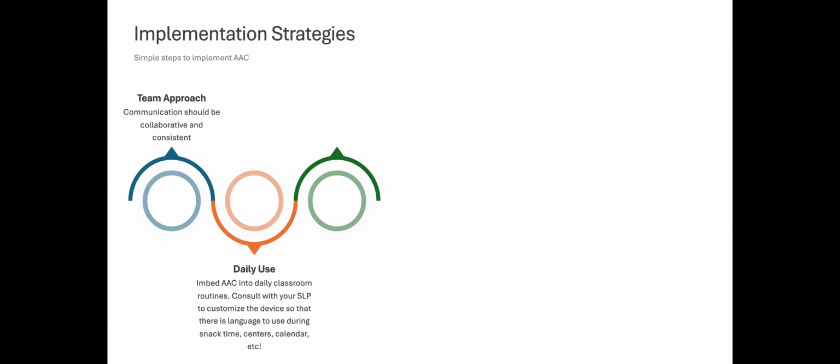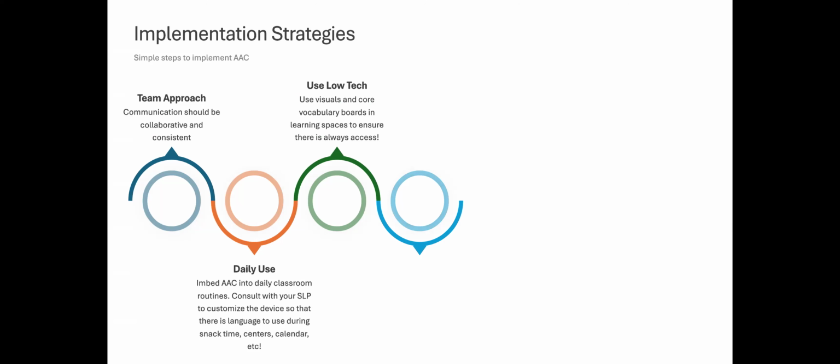Consult with your SLP to help customize the student's vocabulary so that they have some vocabulary that's not only important for them and their preferred activities, but also that's important for the classroom language and the academic curriculum that they're learning. Use low tech. Low tech can be your best friend. So have visuals and core vocabulary boards all around the learning space to ensure that communication can always be accessible.